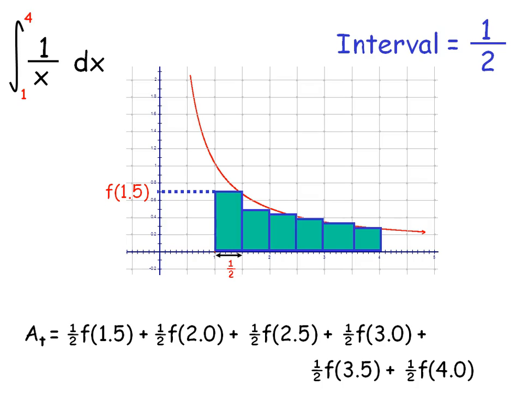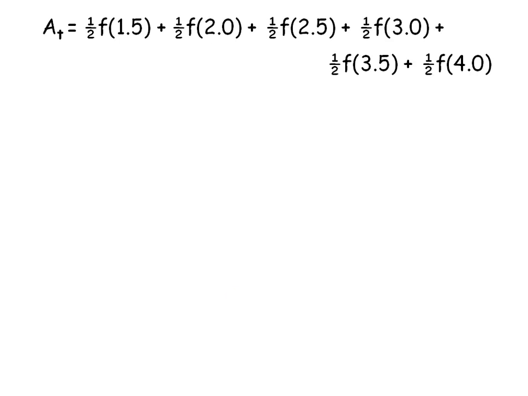Notice on a right-hand Riemann sum, we do not do a calculation at 1. We start at 1.5, not at 1, because the right-hand corner of your rectangle is where it touches your function. Let me bring this calculation on over to the next slide.